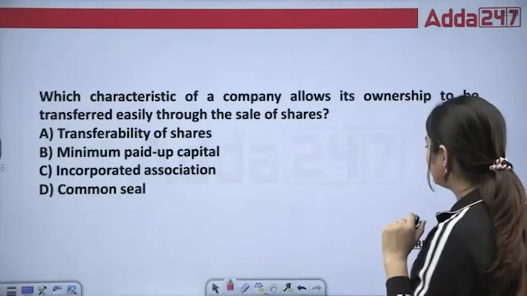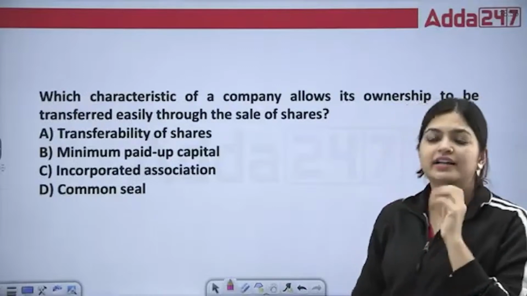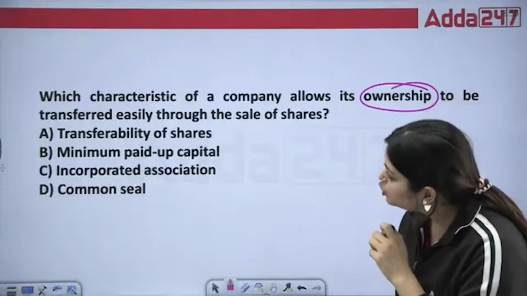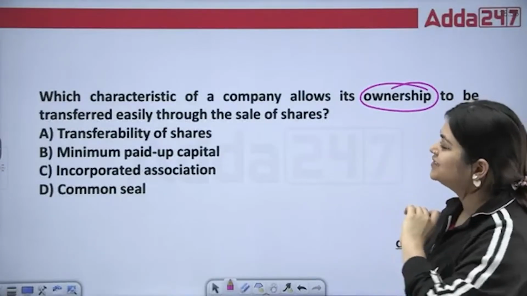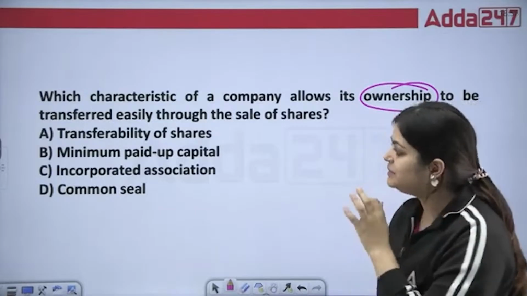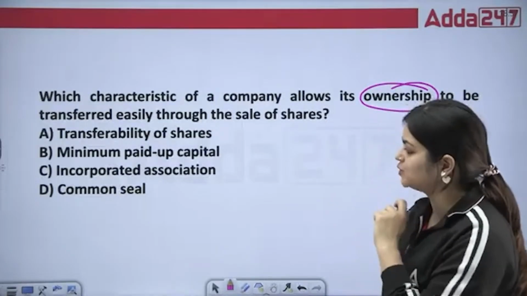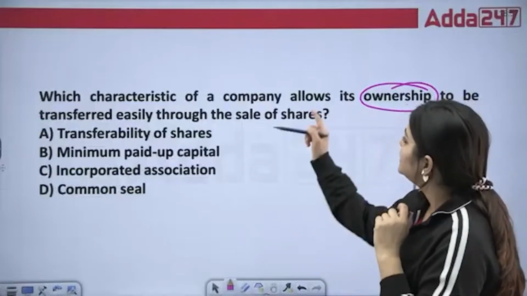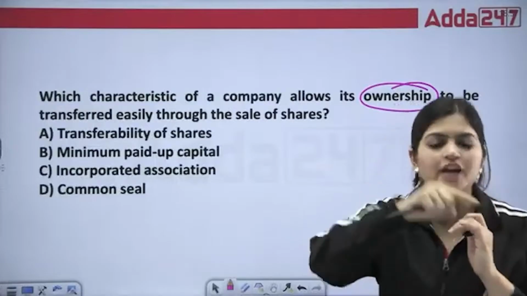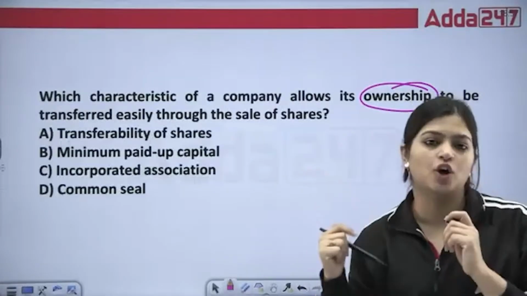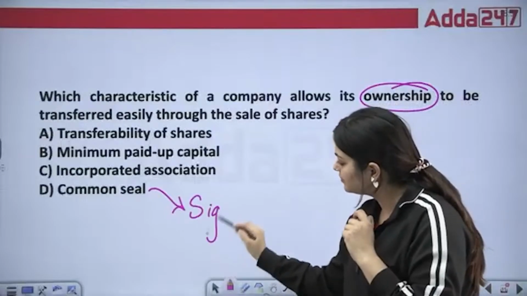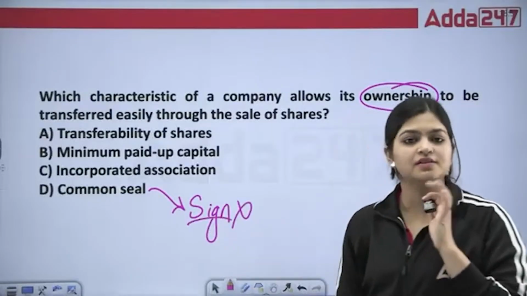Next: which characteristic of a company allows its ownership to be transferred easily through the sale of shares? Transferability of shares, minimum paid up capital, incorporated association, common seal. Here they are talking about transferability, how you can transfer from A to B. Which feature talks about that? The common seal is your signature, the company's sign.